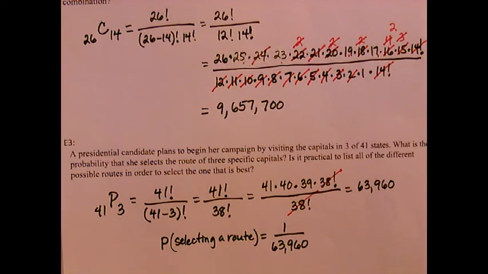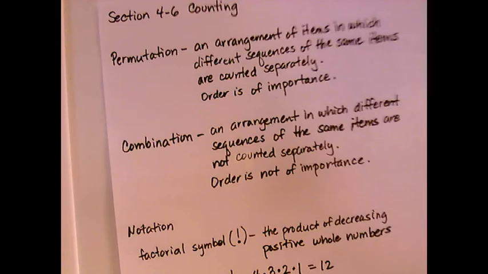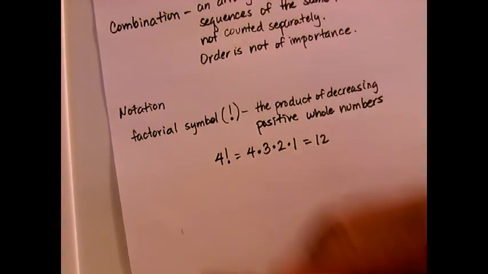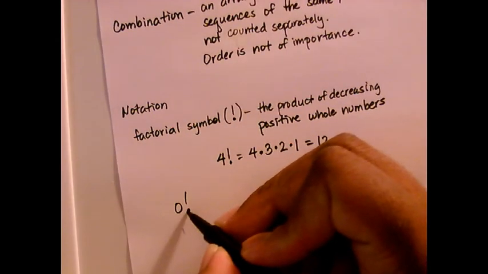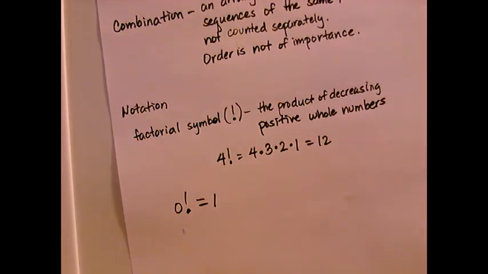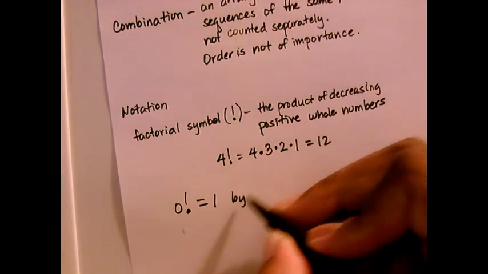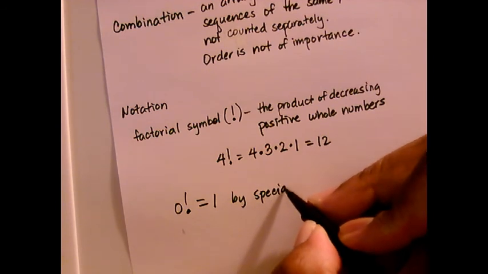Okay. And also, one more thing, since I was dealing with factorials here, by definition, anytime you have 0 factorial, that's automatically equal to 1. And that's just by special definition.